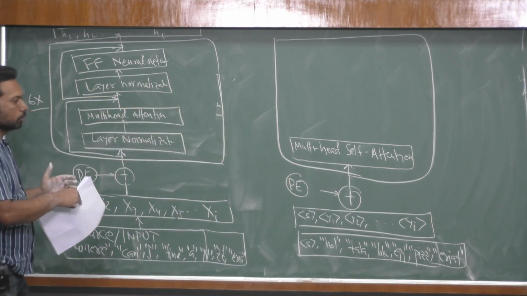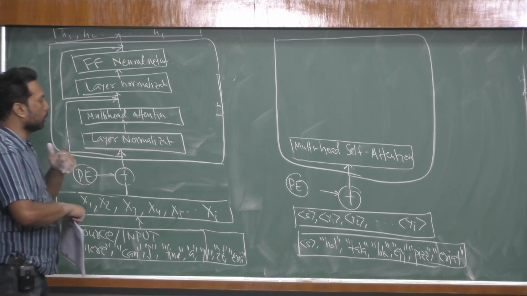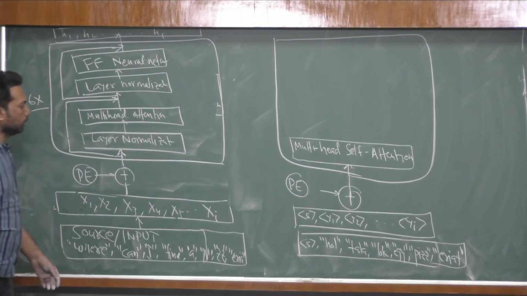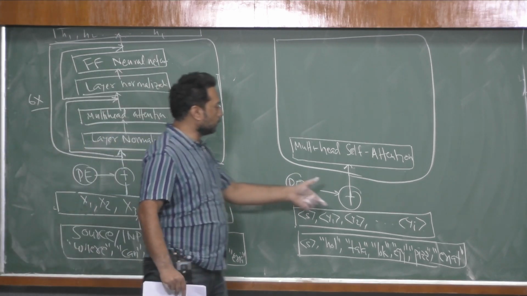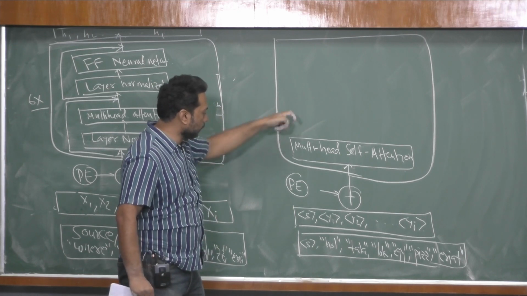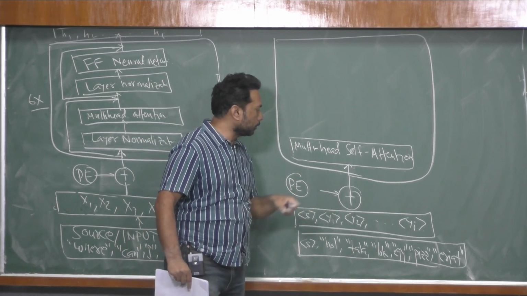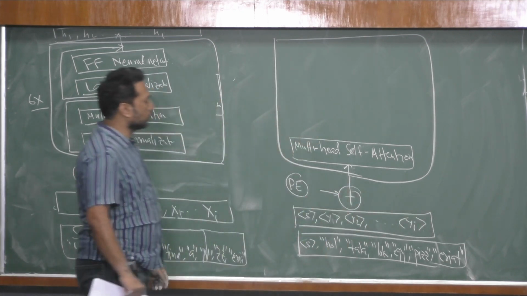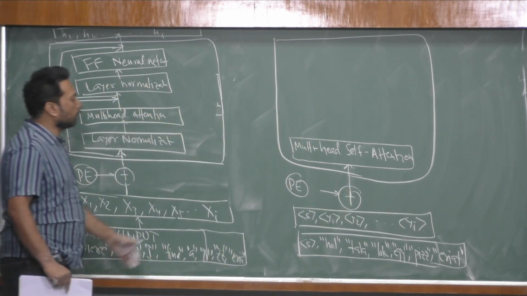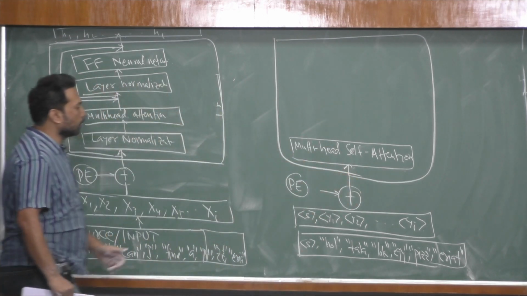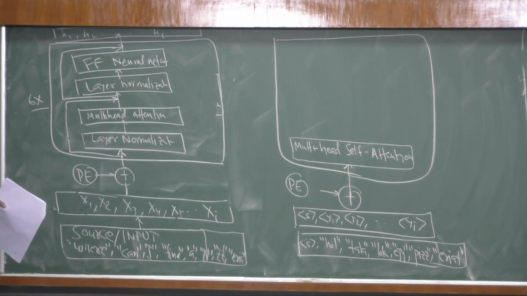It should not see the next ones, because if you allow it to see the next one, the decoder will start cheating. If you build a loss function and do teacher forcing, you will say that after y1 it's y2, and after y2 it's y3. But if it was already given access to these translated words, it will directly take those words during training and make the weights of the others completely zero.